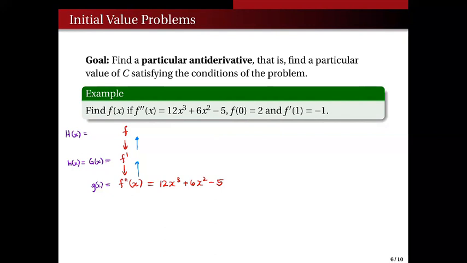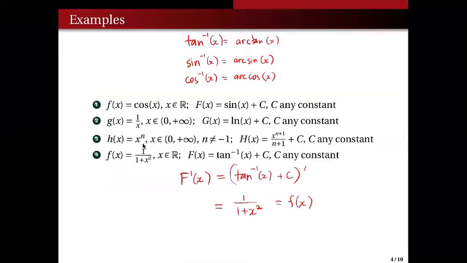So let's start with getting these antiderivatives. Let's start from the second derivative to the first derivative. According to this rule, if h of x equals x to the n, then capital H of x is x to the n plus 1 over n plus 1.